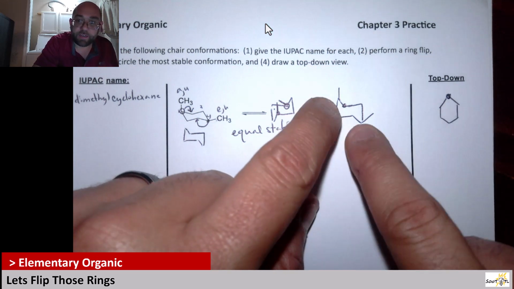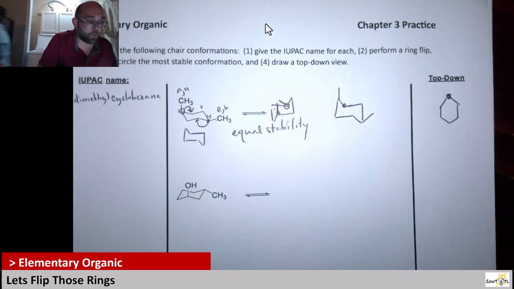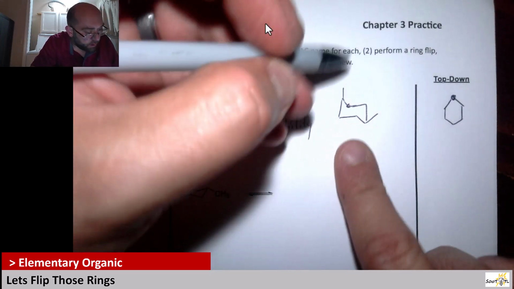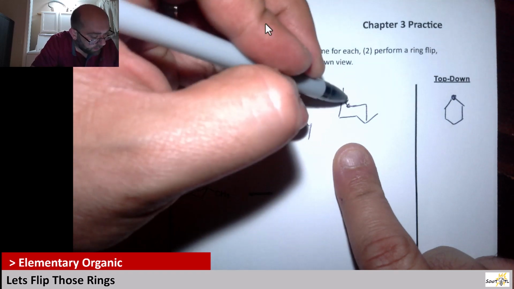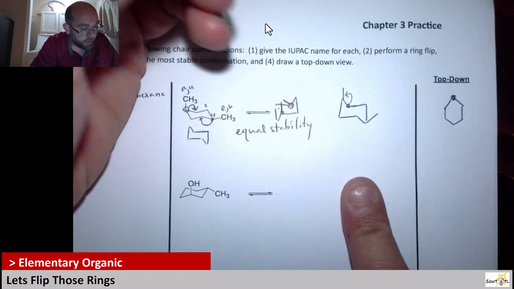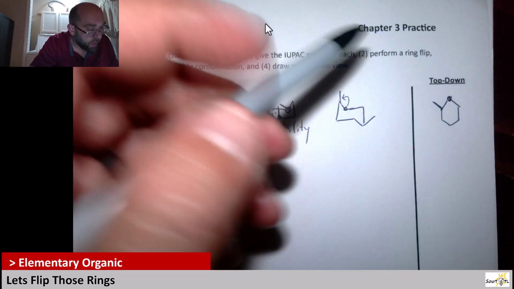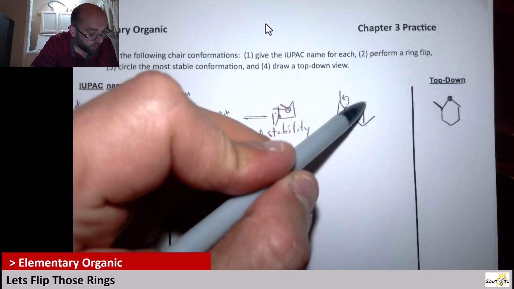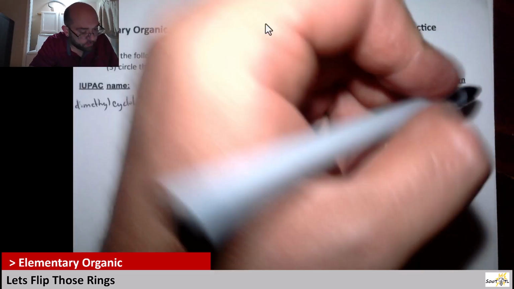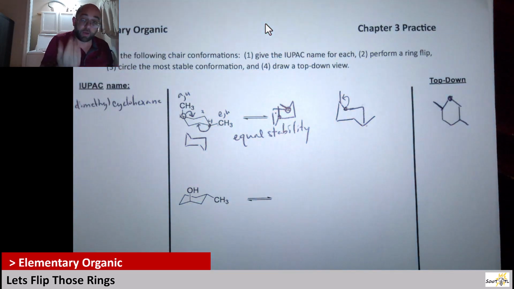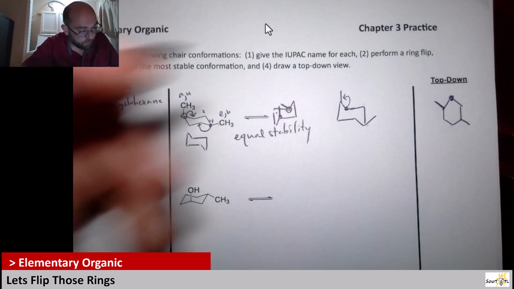And so if it is up, that means it's pointing on the top part of the face. It's pointing upwards at us. So when I would go to draw this, I would say, all right, well, there's a methyl if I go one position counterclockwise. So there's a methyl there, that would be one position counterclockwise. And then there's a second methyl 1, 2 positions clockwise. So 1, 2. There's a methyl there. Now, since they're both pointed up, I would have to give them wedges.